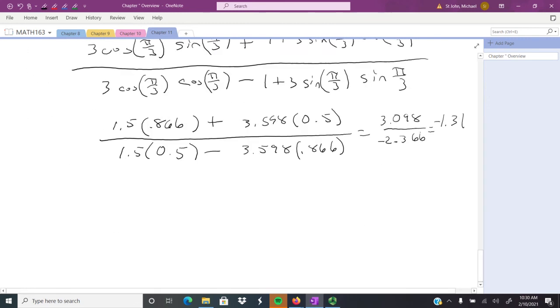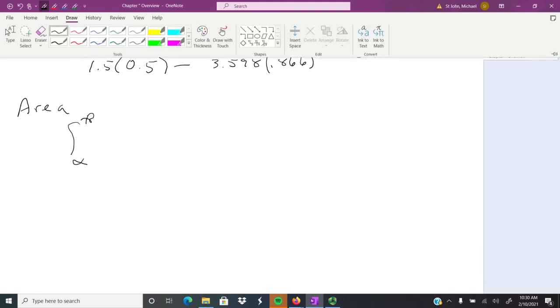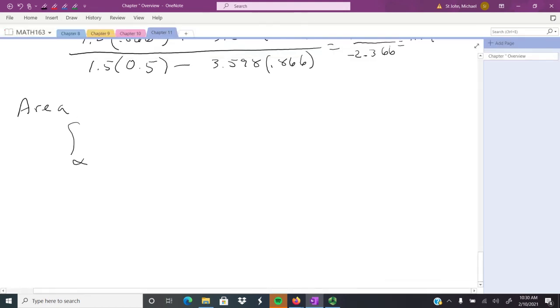Other things we can do with this is we can also find the area. The area from alpha to beta, there we go, is 1/2 of f of theta squared minus g of theta squared.